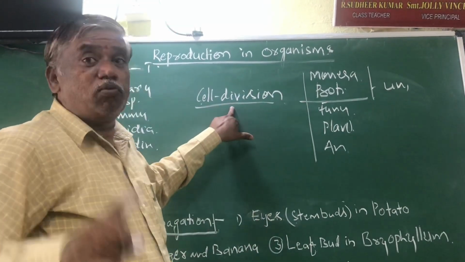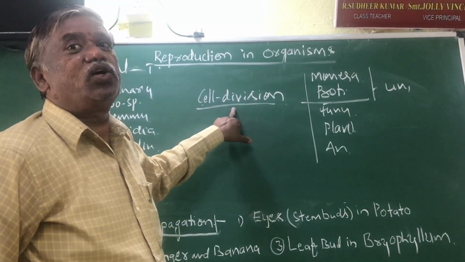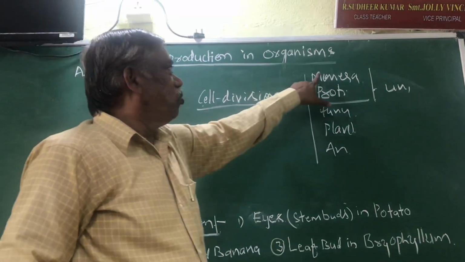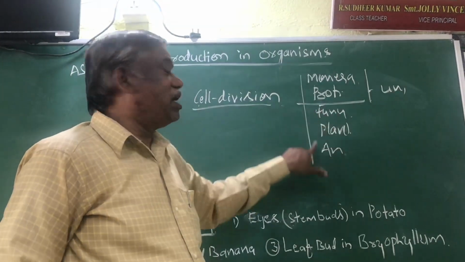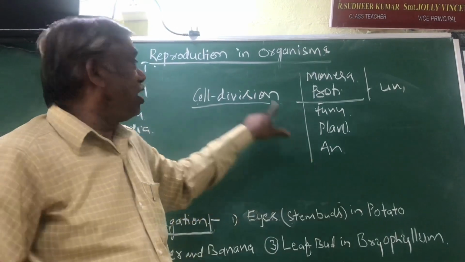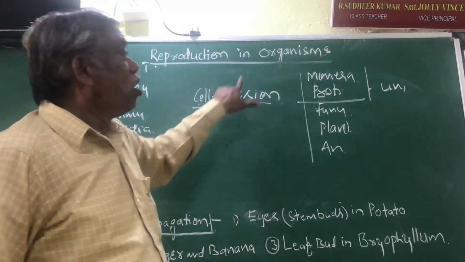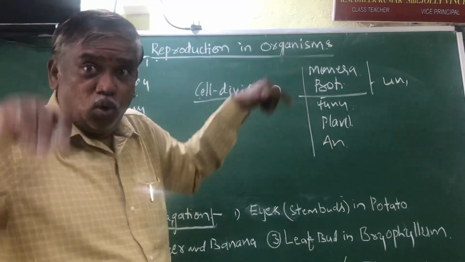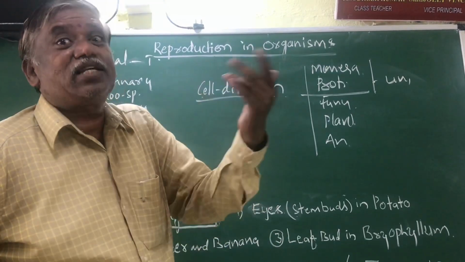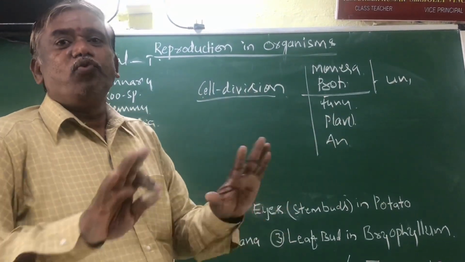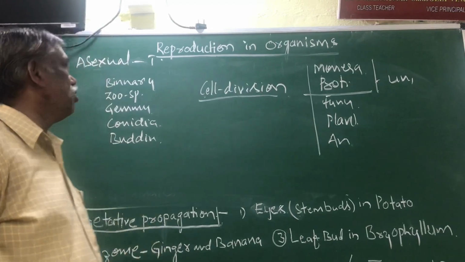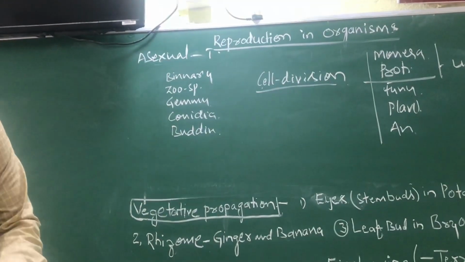Cell division is a mode of reproduction in which kingdoms? Monera and Protista. The rest are multicellular. In these multicellular organisms, cell division is only for growth. But in unicellular ones, it is growth and also acts as asexual reproduction. So, with this, the different types of asexual reproduction are over.